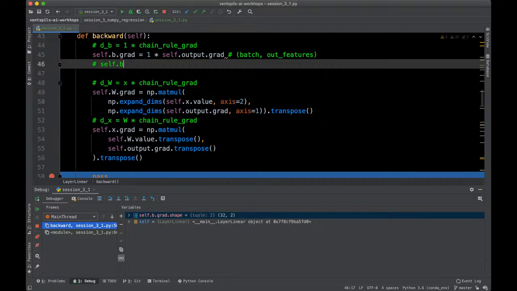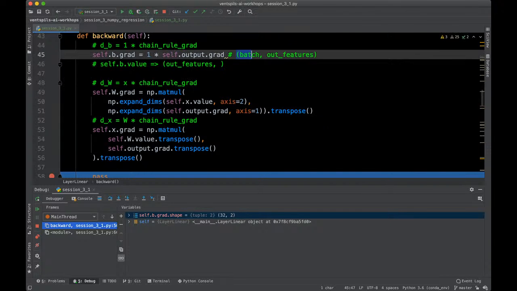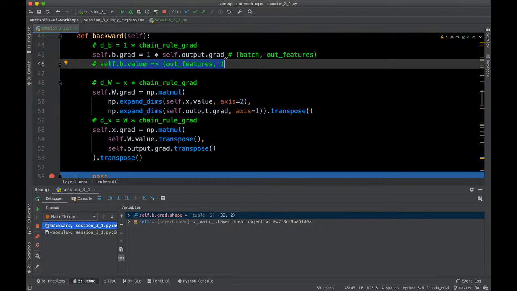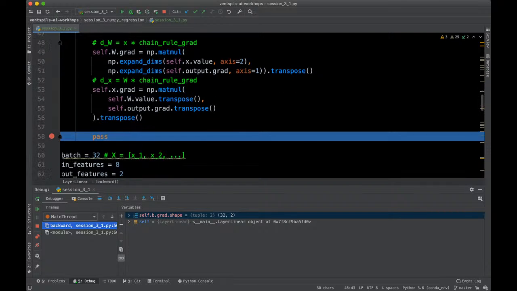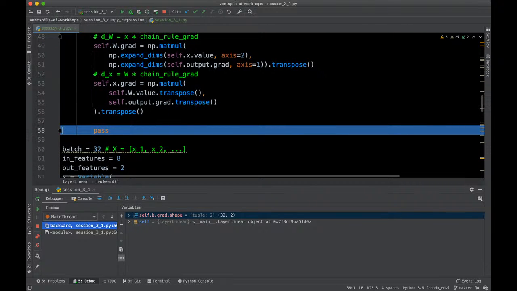So B value is just out features. And here we can use what Kirill suggested, where you were stuck for a long time, that you can just calculate the average value over the batch size of the out features, and then you can modify the B value, right? So that's cool. So the gradients should be clear.